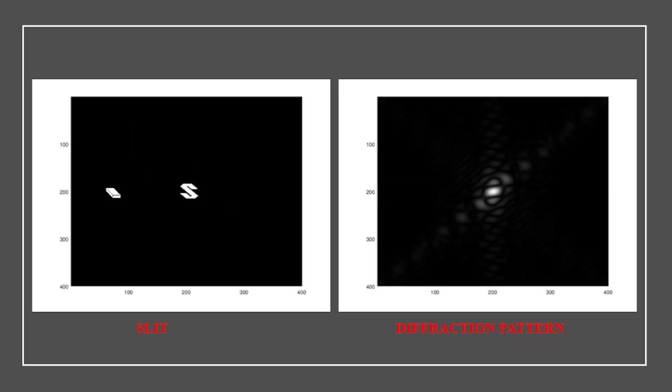For the S shape, again you can see that this portion is almost a rectangular function. If you draw a perpendicular line in this direction, the intensity will be distributed in this direction. Here you can see this is the perpendicular line, and this direction has one sinc function. There will also be some circular part, because this portion and this portion are circular in shape.